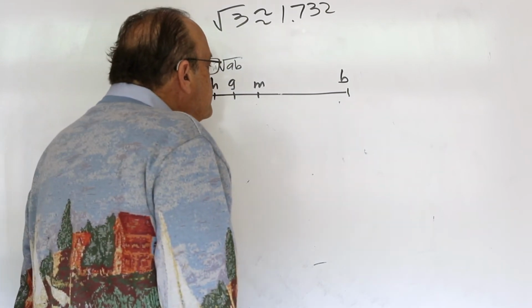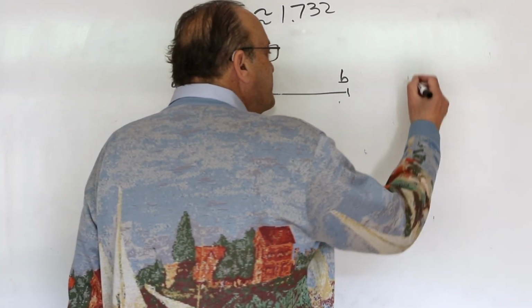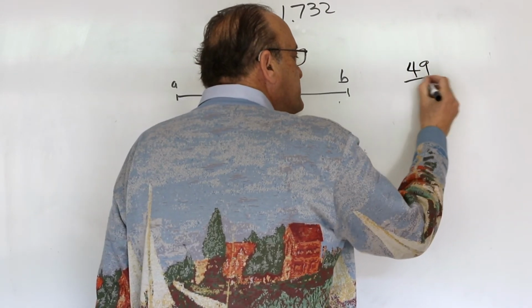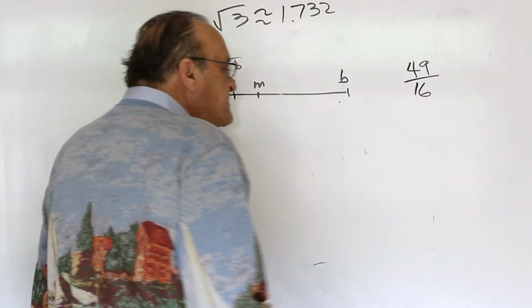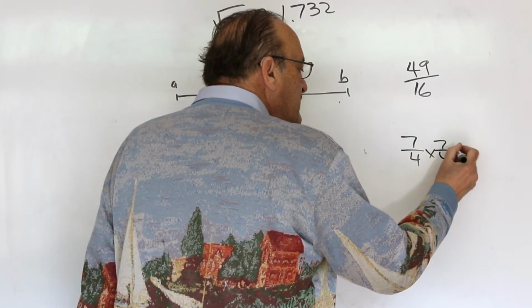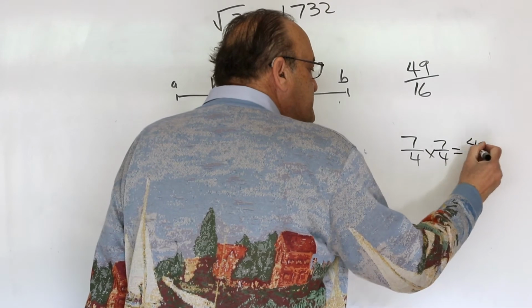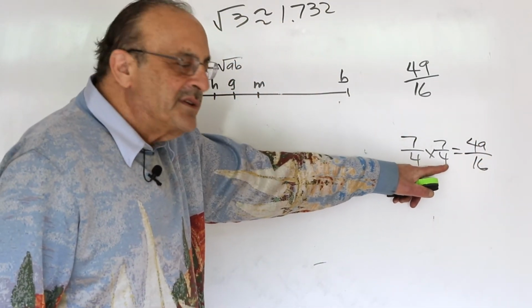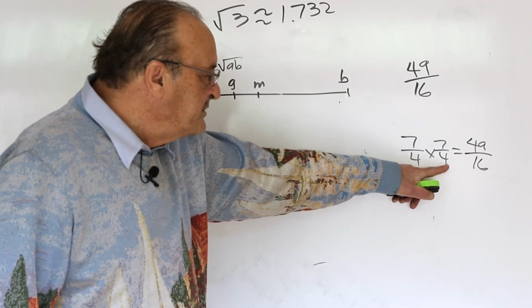And I know that 49 is close to 3 times as much as 16. So, for example, 7 times 4 times 7 times 4 is equal to 49 sixteenths. So this is going to be slightly more than the square root of 3.